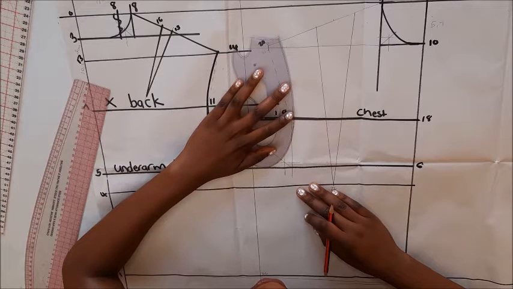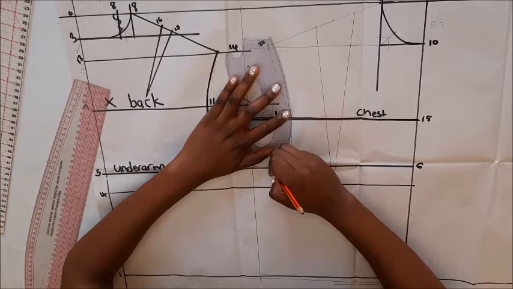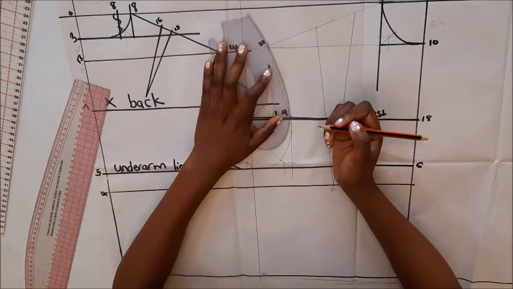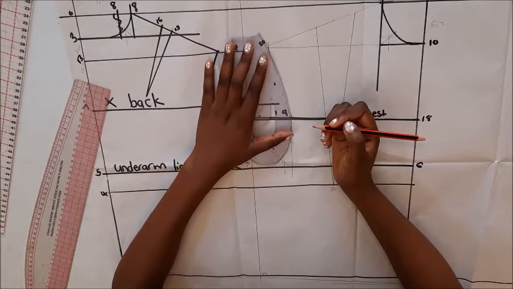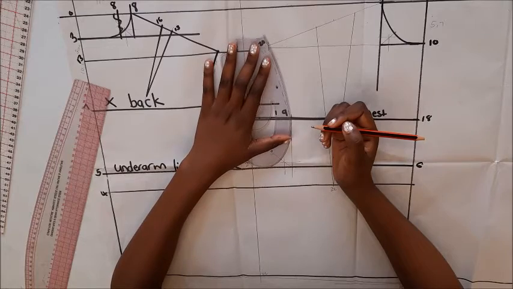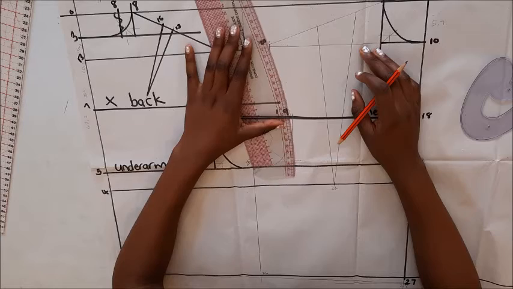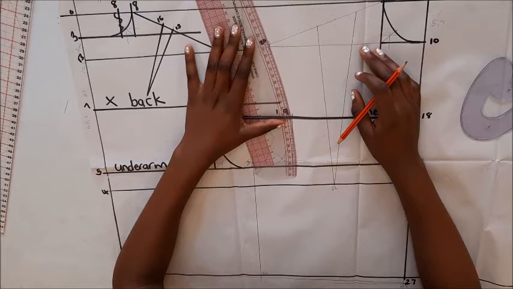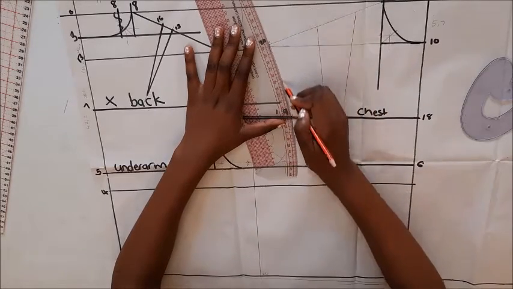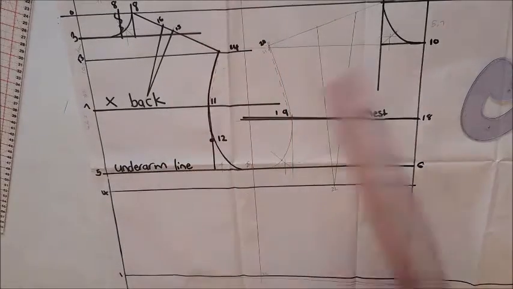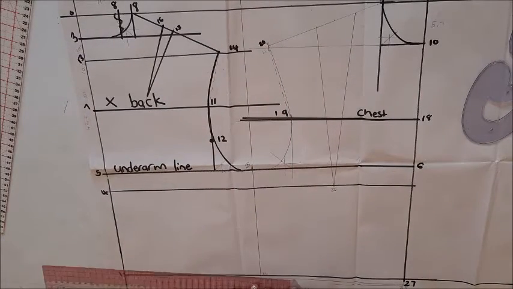Really, usually we just like to align it with the line so that it's just a nice and smooth curve. That makes it a lot easier, but you could also freehand this. And as you can see, I have different curve rulers because the other one is a bit too curvy and the other one has a little bit of a straighter curve, so it's really helpful.